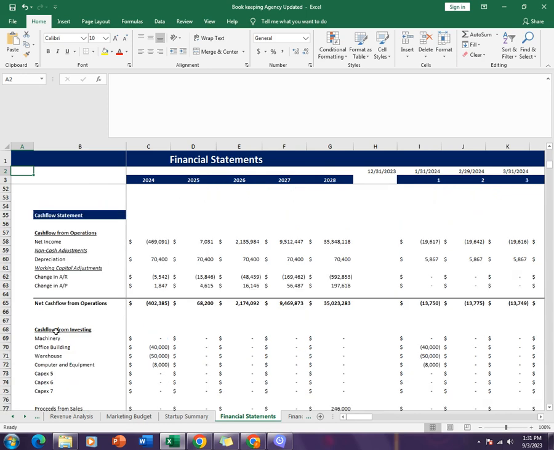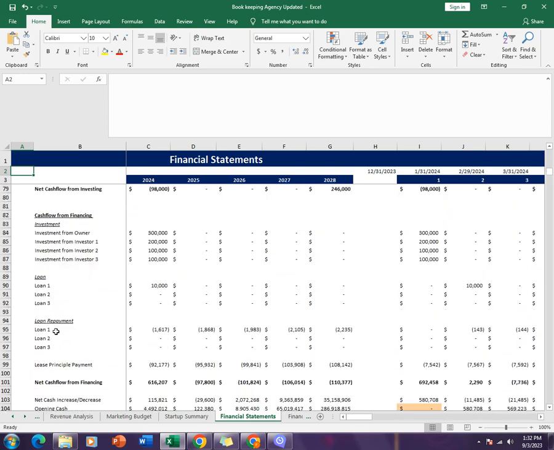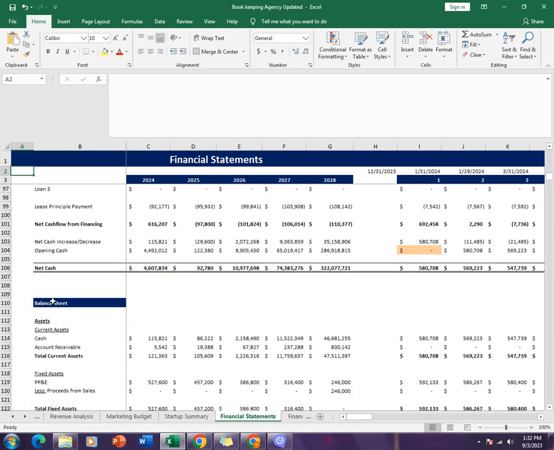Then comes the cash flow. The cash flow statement gives you the cash flows of the company from its operations, investments, and financings. It gives you the total net cash of the company at the end of each year. Then comes the balance sheet.